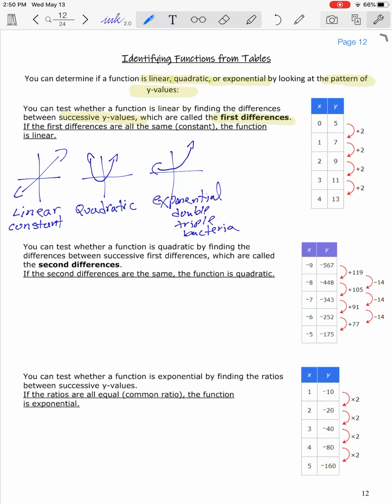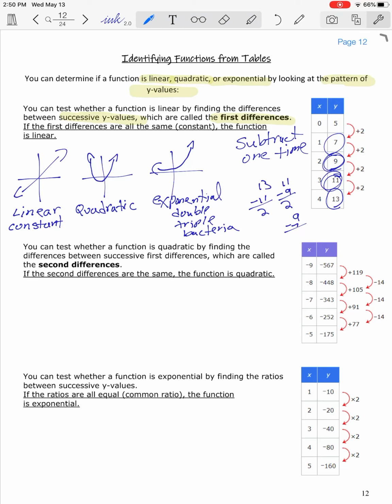So when we talk about first differences, it means the first time you subtract. So you subtract one time. If you look at this table, I always work from bottom to top. So I'm going to take 13, and I'm going to subtract 11, and I'm going to get 2. The next thing I'm going to do is take 11 and subtract 9. We're working backwards, and I'm going to get 2.